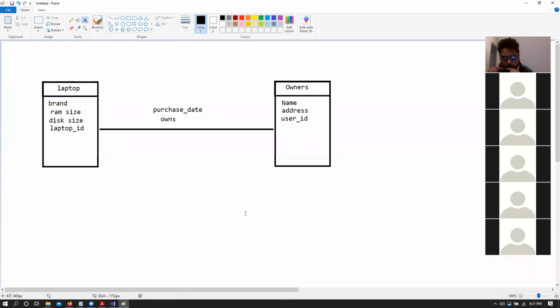But every one of those relations can have their own purchase dates, right? So user A bought this laptop A in January. User B bought this laptop B in December. These dates are not unique. Everyone can buy the same laptop at the same date and so on, right? So these dates are not unique and these are not primary keys, but these are extra attributes that can be tacked on to your relation that defines the relation a bit more clearly.